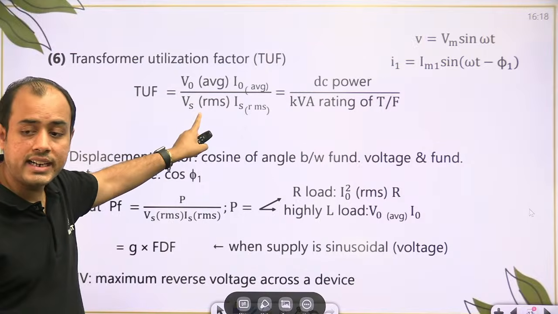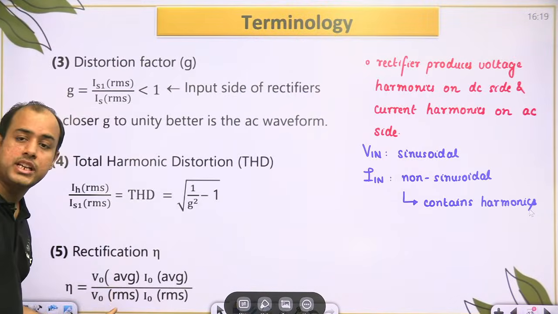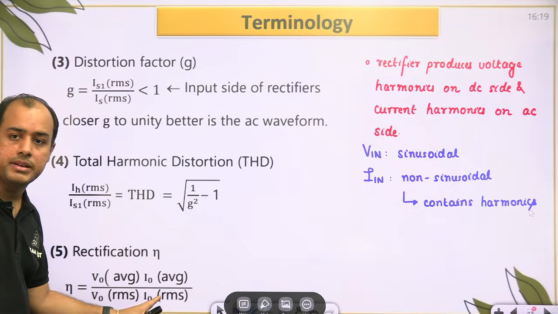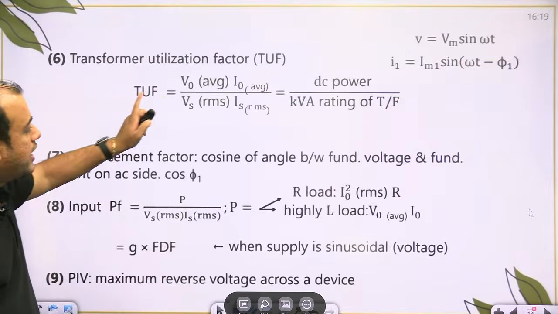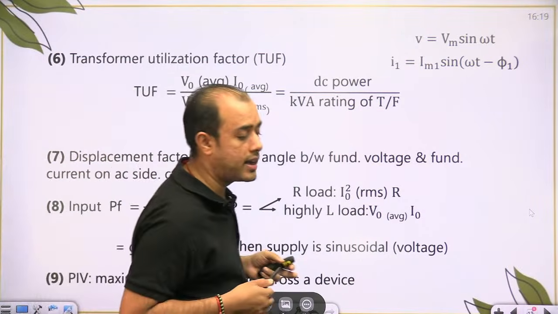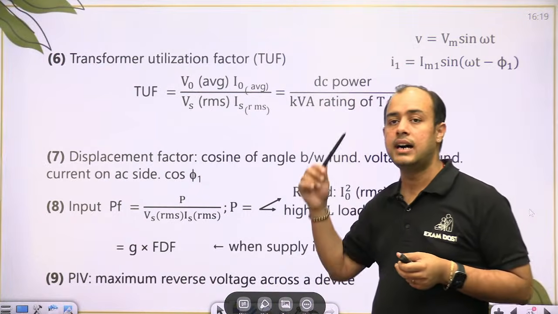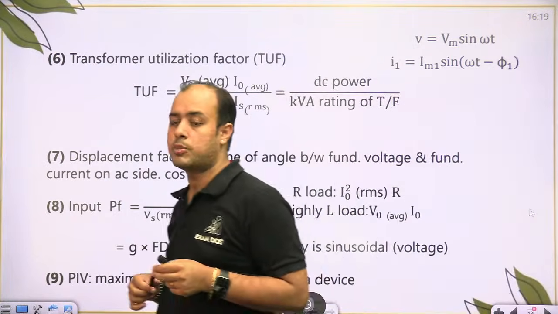Now you are dividing by supply RMS voltage and current. In rectification efficiency you have output RMS voltage and current. Here you have supply RMS voltage and current. So basically you are comparing the kVA rating of the transformer to the DC power at the output.